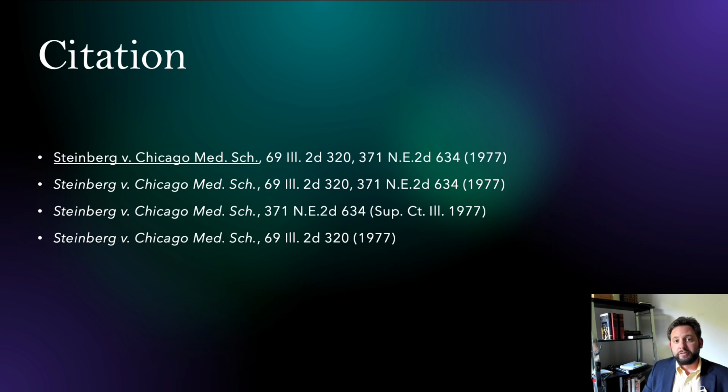ILL 2D stands for Illinois 2nd, NE 2D is Northeastern 2nd. All that means is that this case was important enough to be reported in two different journals. So back in the day where people used books, cases were published in books, believe it or not.